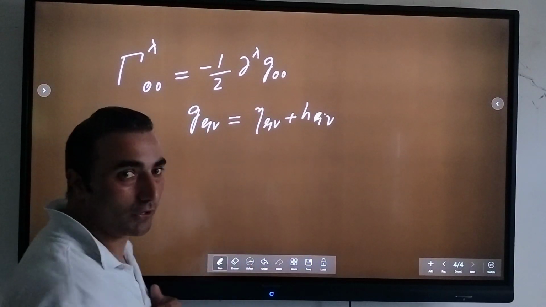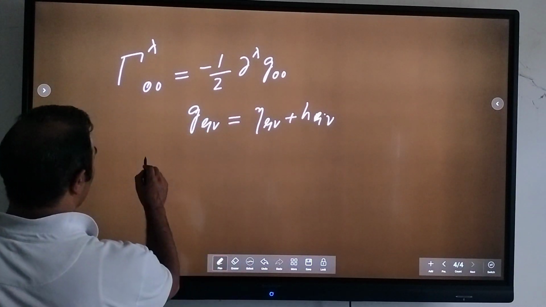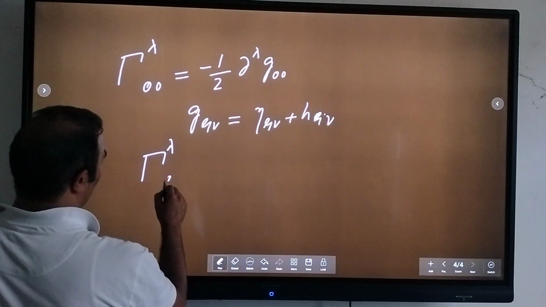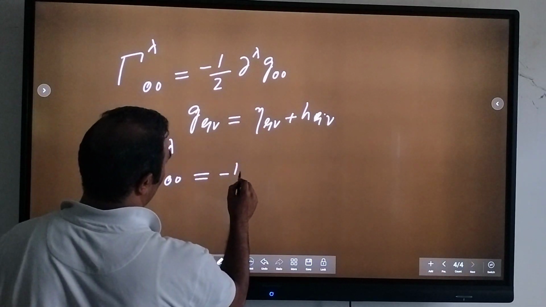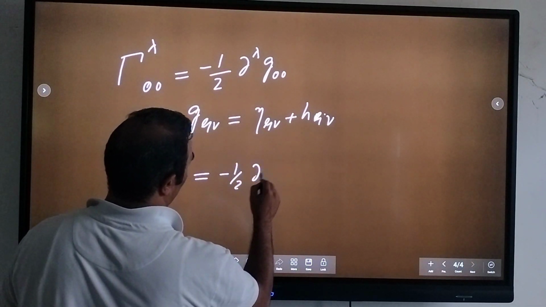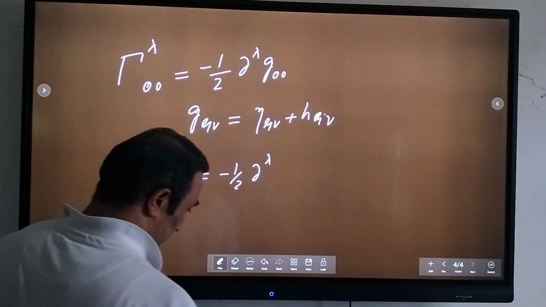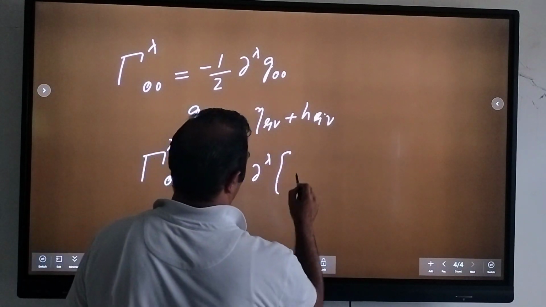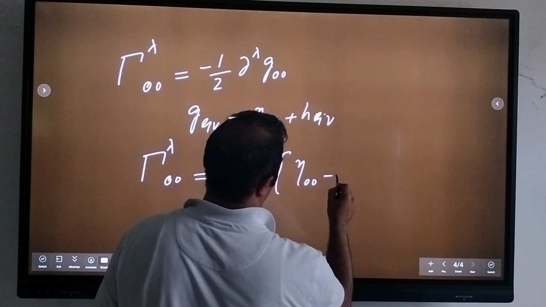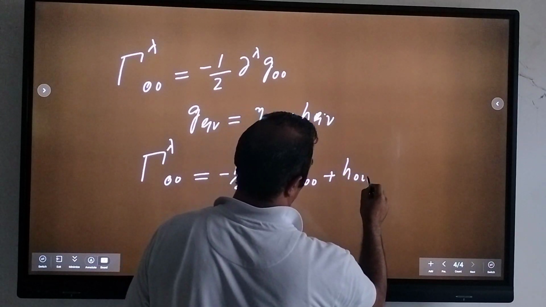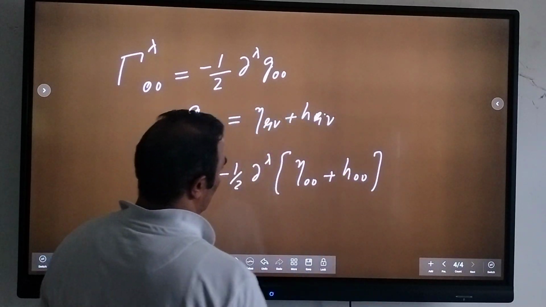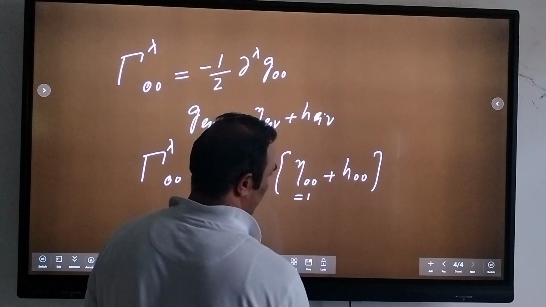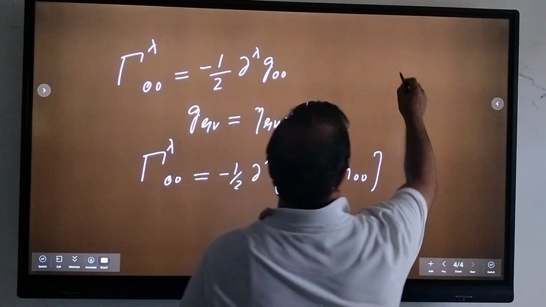When you put mu equal to 0, nu equal to 0 here, you can write tau lambda 0 0, which will be equal to minus 1 by 2 partial lambda. Okay, so eta 00 will be equal to 1, right?